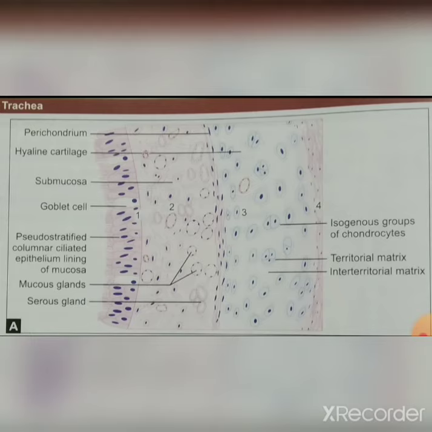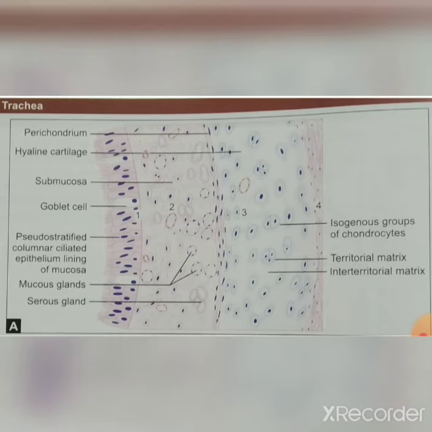The chondrocytes increase in size from the periphery to the center, appear as isogenous groups and are surrounded by darkly stained territorial matrix. The adventitia consists of collagen fibers.